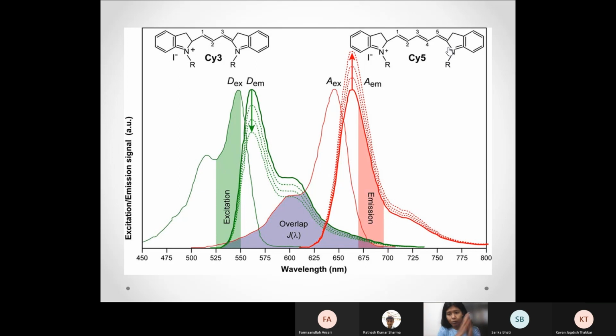And if you look at the equations of FRET, you would see that the energy transferred from molecule 1 to 2 is inversely proportional to the distance to the power 6.